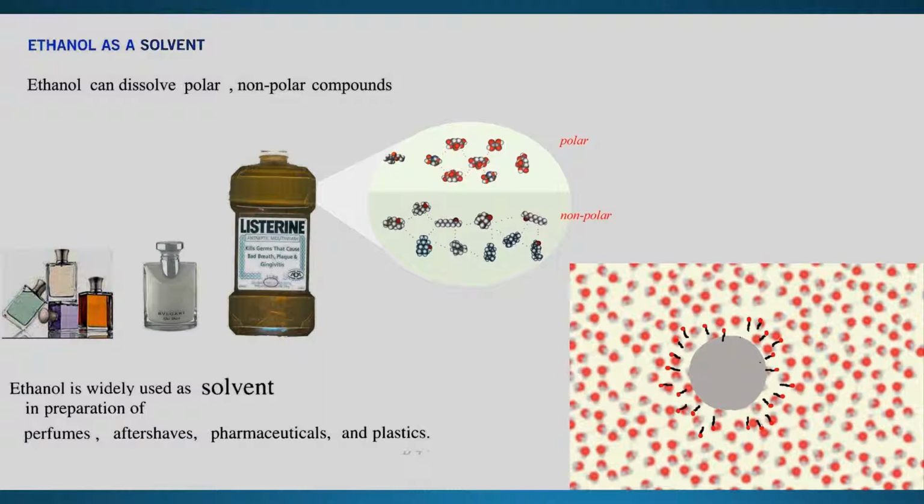What is alcohol? The top part has the OH part, which dissolves in water. You also have the non-polar hydrocarbon part, which dissolves in oil. The top part forms hydrogen bonds, the bottom part forms dispersion force. So it is able to mix like this.